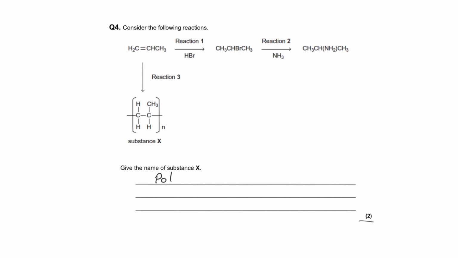So the type of reaction is of course polymerization, and the name of X is poly something. Whatever this used to be as an alkene, so this is propane, so it used to be propene, so this is polypropene. You still call it by the alkene even though it's not an alkene anymore.